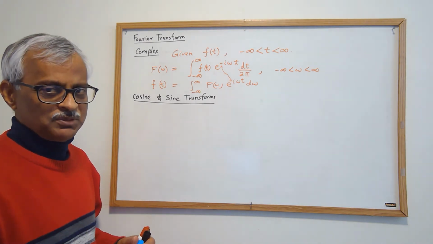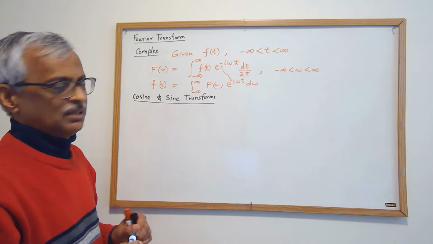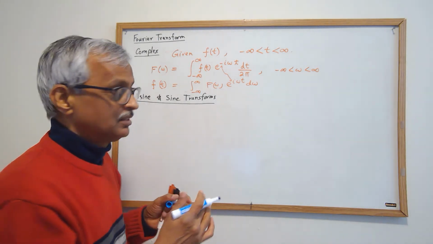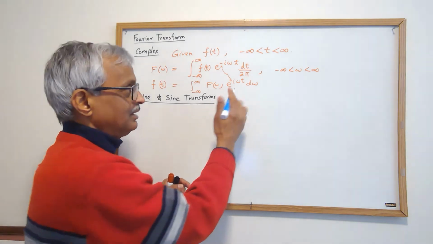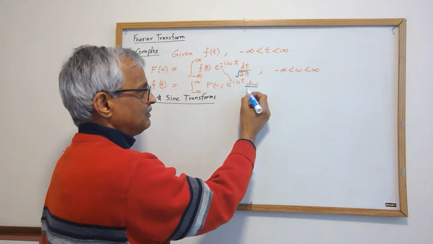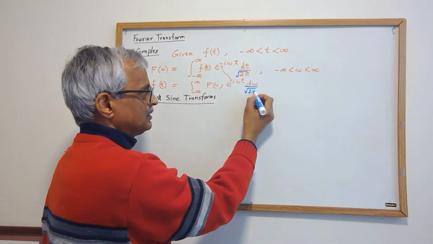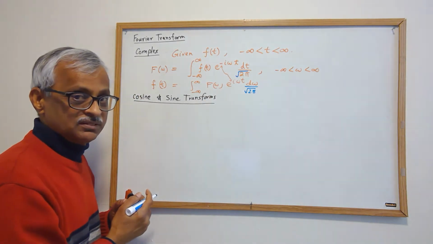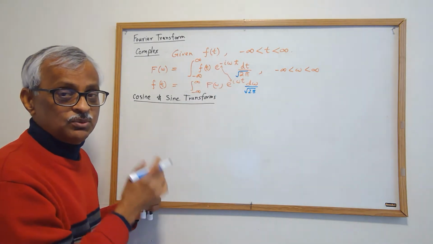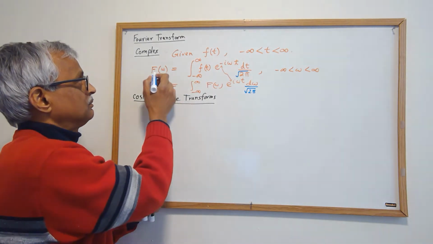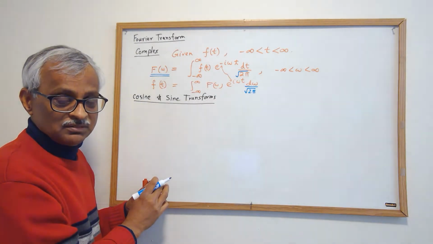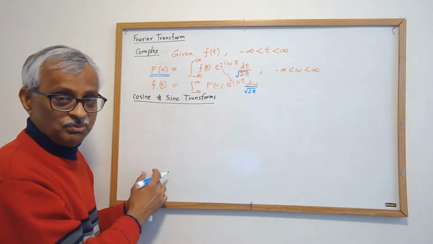This is not always the convention. Sometimes people say, okay, I want to make it more symmetric, even more symmetric than this. So you can say square root of 2 pi and divide by square root of 2 pi. That will also work. So some places you have this convention. So when you write a Fourier transform, it may be off by 2 pi, or a square root of 2 pi.